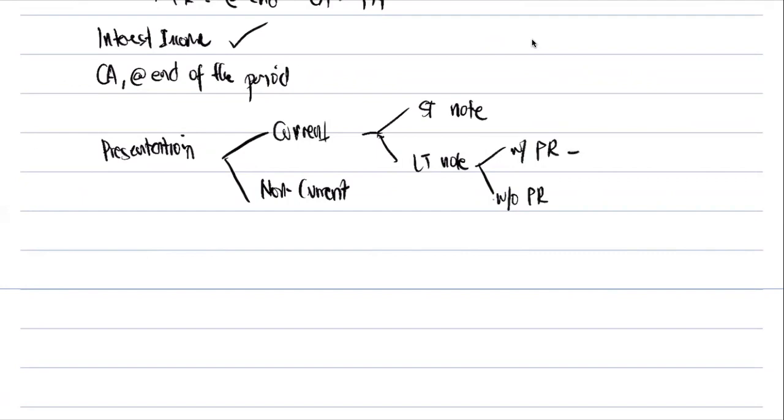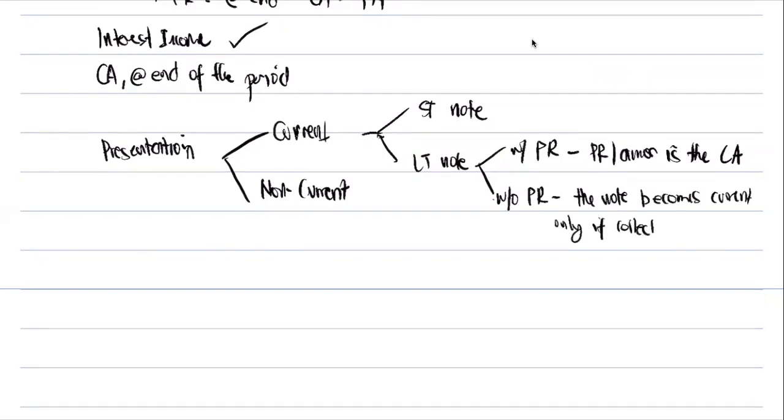If that is a long-term note with principal repayment, the principal repayment or amortization is the current asset. If without principal repayment, or there's no collections on the note, it becomes current only if collectible within 1 year.